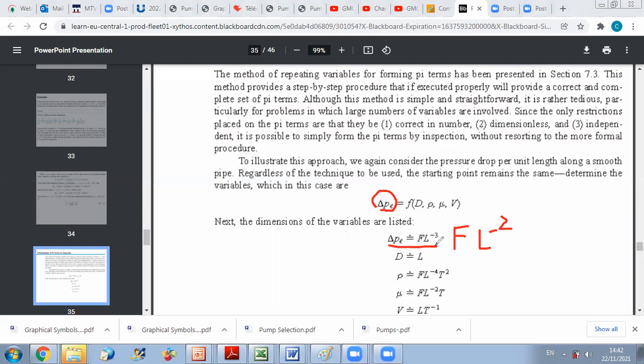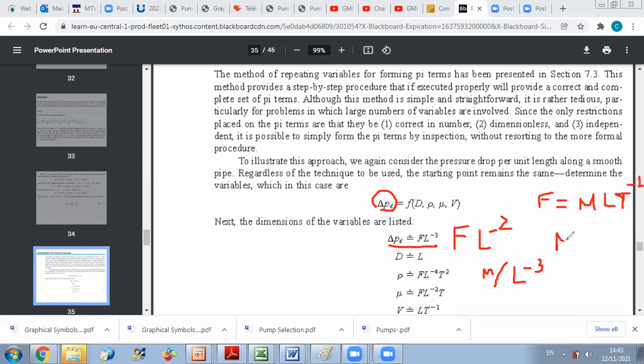Okay, we also have the diameter, which is L. The density rho: if you are working in the MLT system, we know that density is kilogram per meter cube, so M over L minus 3. So all you have to do is to replace M. We know that F is MLT minus 2, right? So I can replace M by what? By F T square over L.